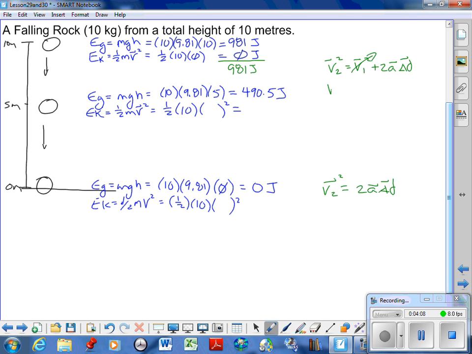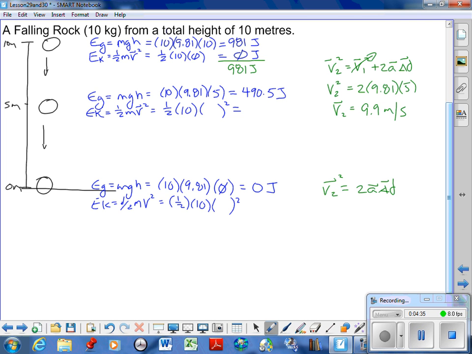So my velocity at this point is 2 times 9.81 times 5 meters. I need to take the square root of that. At 5 meters, it's fallen 5 meters, so taking the square root, I get 9.9 meters per second.